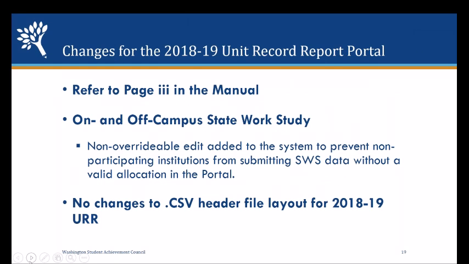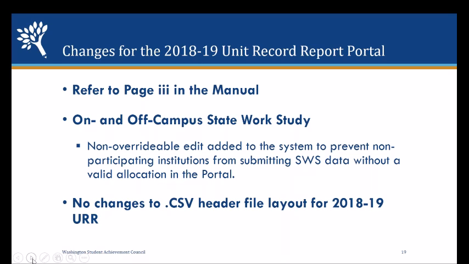There really are no changes to the CSV header file layout for 2018-19. We'll discuss what's happening in 2019-20 a little bit later. But you need to refer to page III in the manual. And one of the changes that you need to be aware of is that on- and off-campus state work study is now a non-overridable edit.